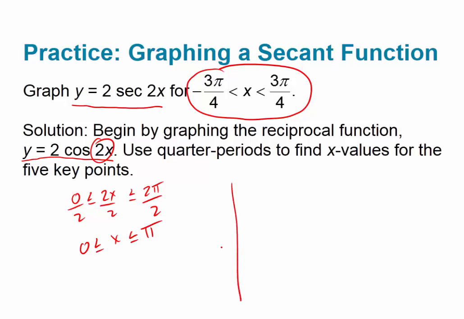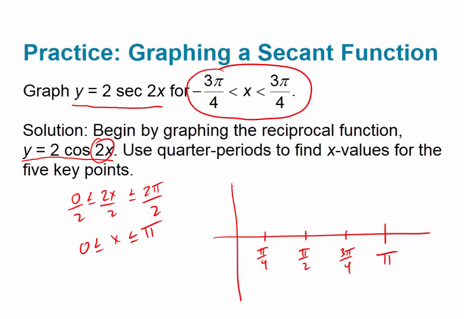So we'd sketch this out. And we'd say, okay, it's all happening at pi, so I'm probably going to stretch my graph out a little bit. Just like with all of our other trig functions, we have to split this up into 4 parts. So first I'll take half of it, which would be pi over 2. Then I'll take half of that, which would be pi over 4, and then 3 pi over 4. So there are my critical points.